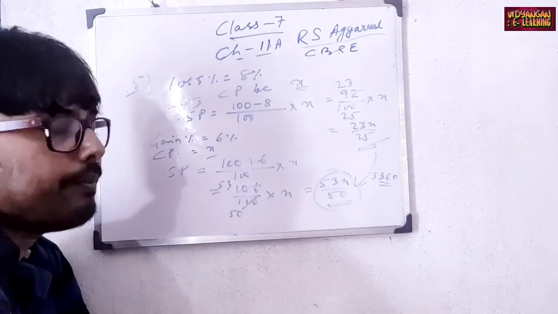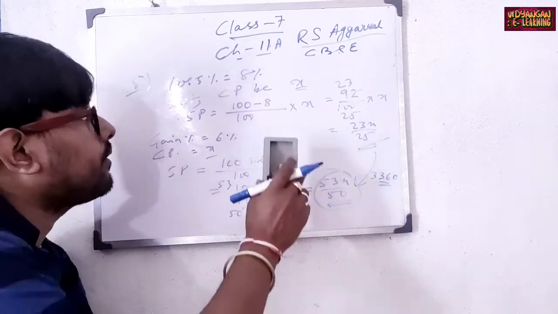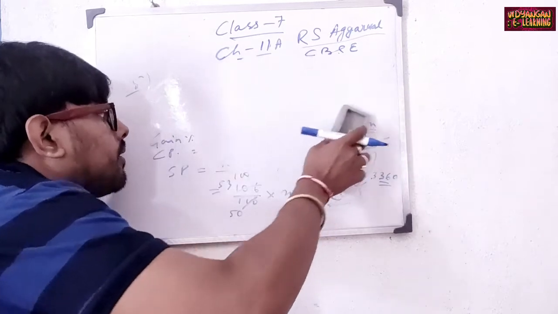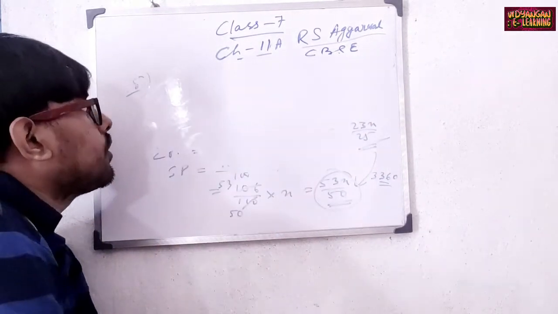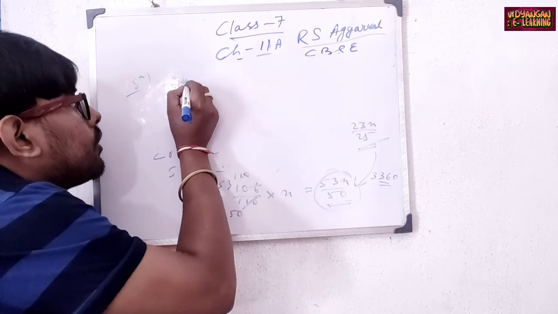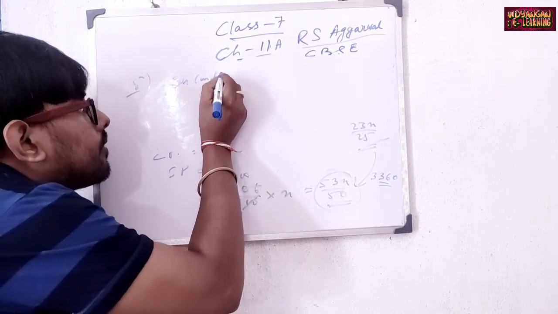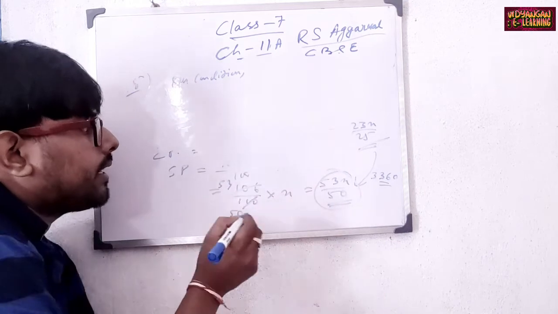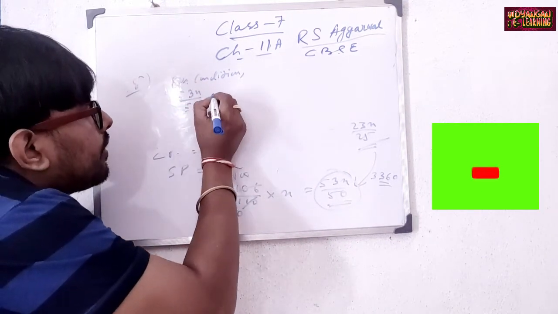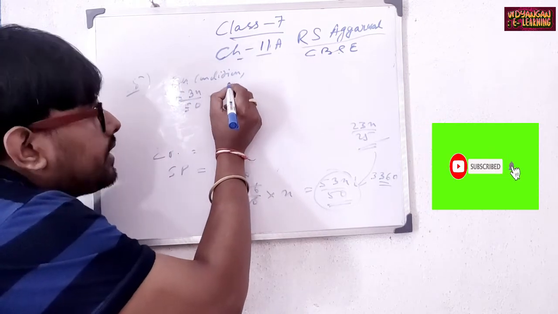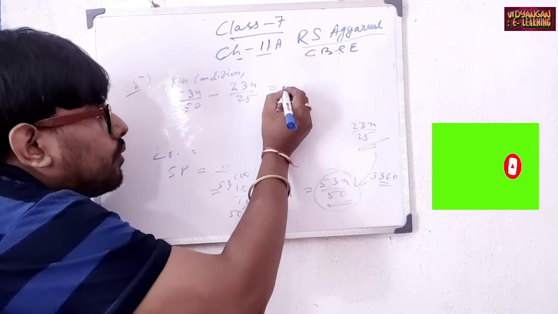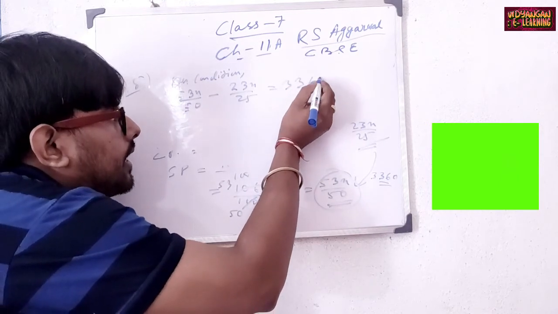So we have to make another equation in this sum. According to the question, or on condition, we'll get 53x by 50 minus 23x by 25 is equal to 3,360.